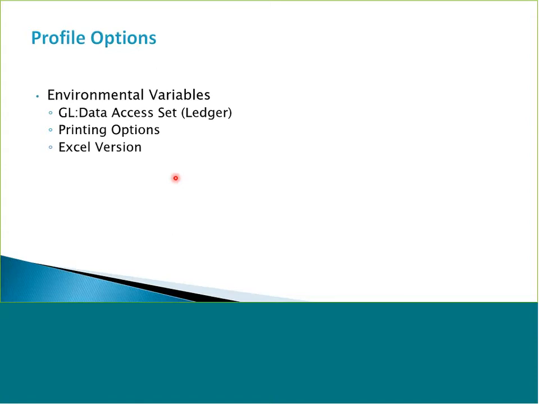So once that user wants to view Excel documents through Oracle, what version are they going to be able to use? What Excel version? 2007, maybe 2003, 2002, depending on the Excel version that they have. So these are things that you can select in Oracle, and that's why they are called environmental variables, right?